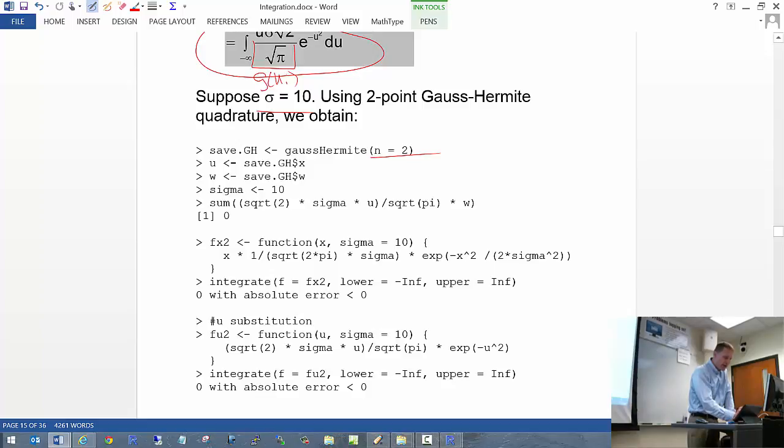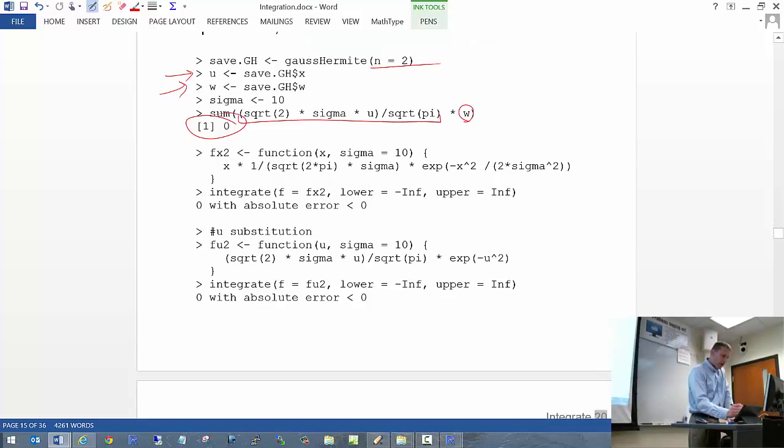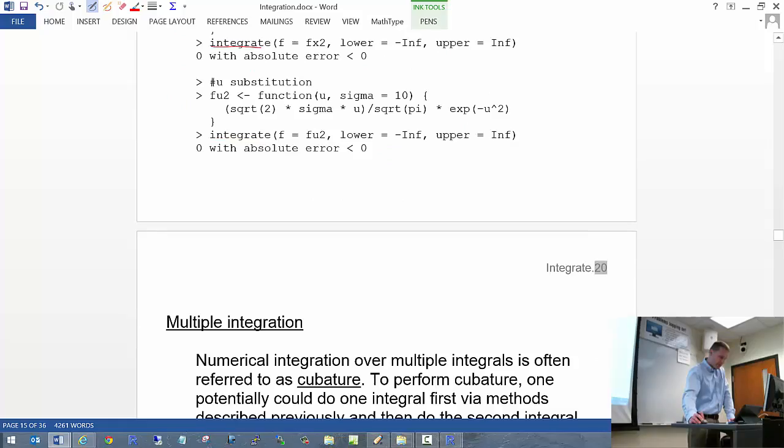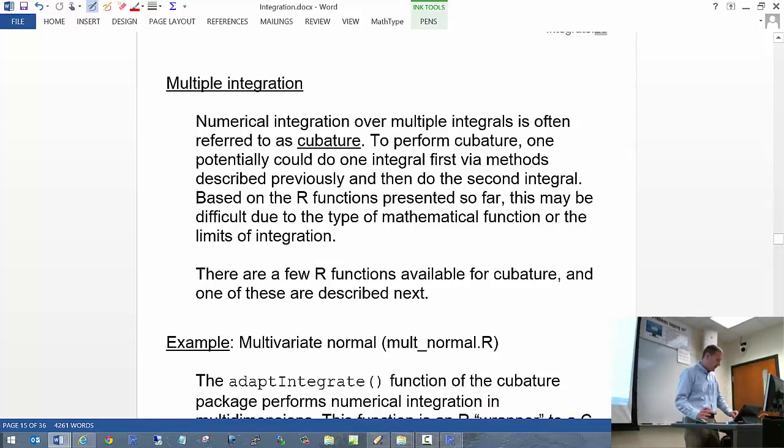I get my u values out, I get my weights out. And if I take the sum of my g of u times my w, I get 0, which of course is the expected value of x for this normal distribution. Once again, I can show the exact same thing with the integrate function too. That takes us to page 20.